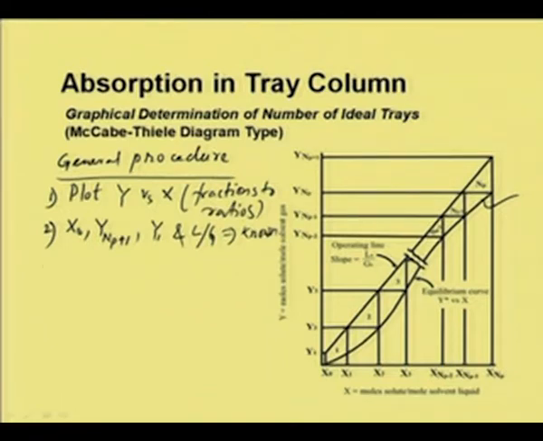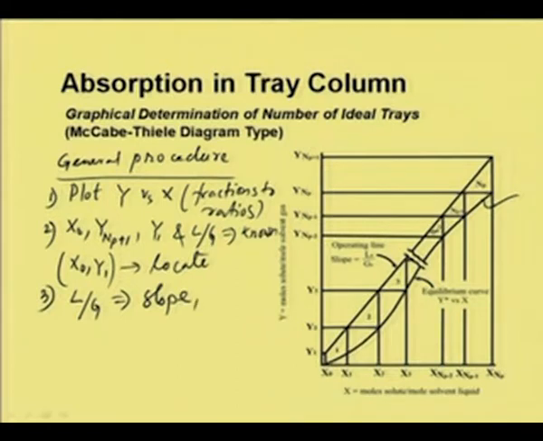Then from the point x naught, y 1 we can locate this point, and L by G is the slope. So, plot the operating line. So, this is the operating line.